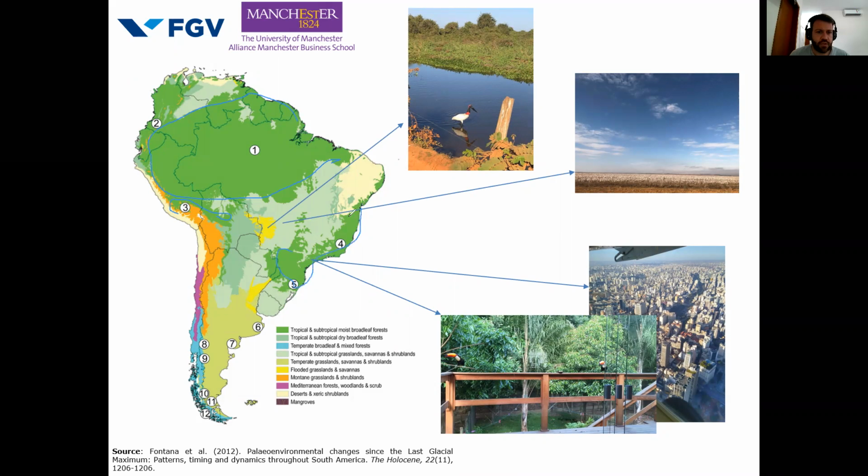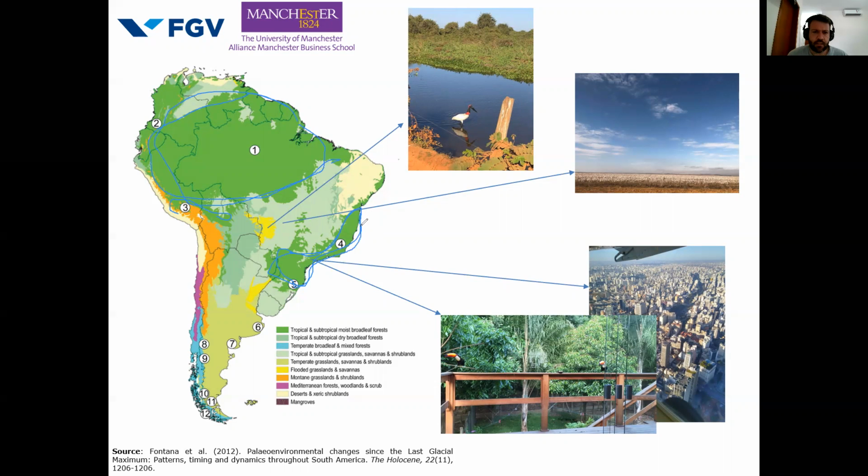Okay, forest. In this part of the map, we have the famous Amazon rainforest, and in this part, we have what we name as Atlantic forest or Mata Atlântica in Portuguese.